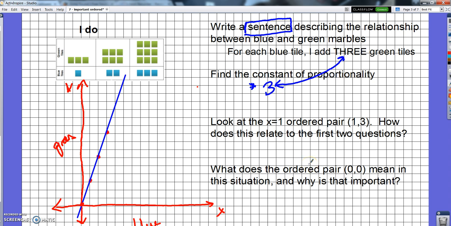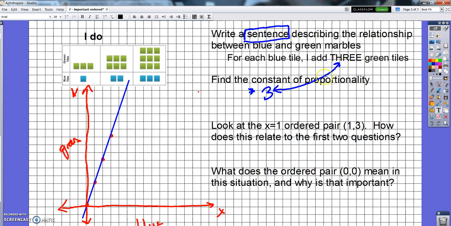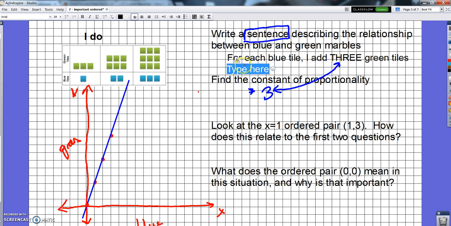Another sentence I could have written that also involves that number 3 is the unit rate is 3 green tiles per blue. If I want to think in terms of unit rates, I could have said that sentence too.